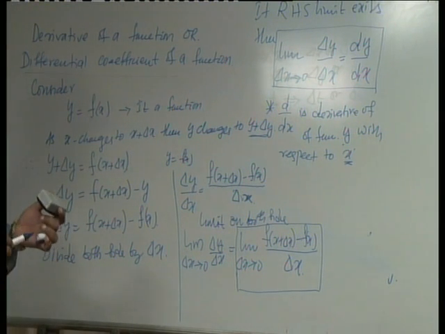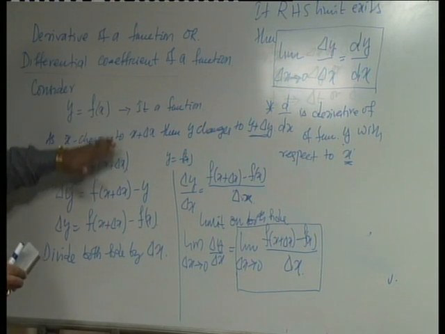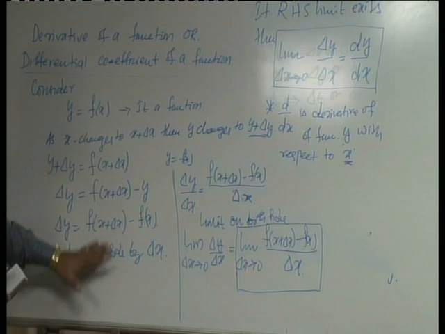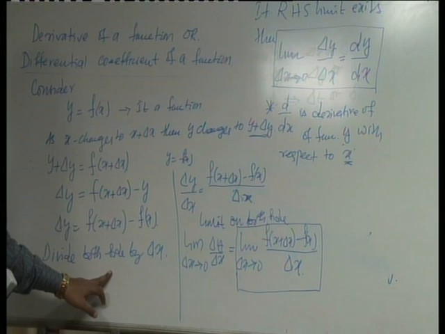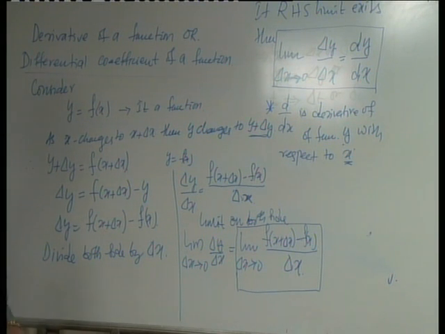To get the derivative of any function, we have to follow these steps. The procedure we followed is also called getting the derivative of a function from first principle. This is called the first principle method.